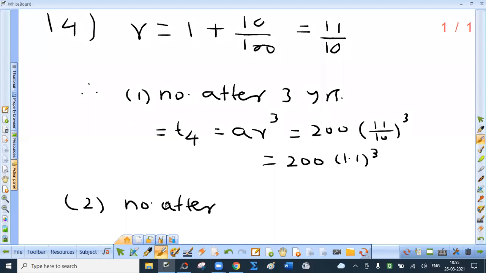The number after 10 years will be T11. I'll write directly 200 into 1.1 raised to 10.